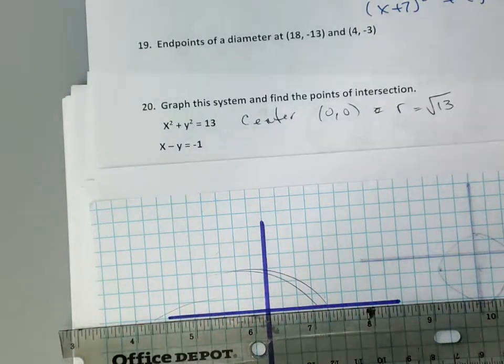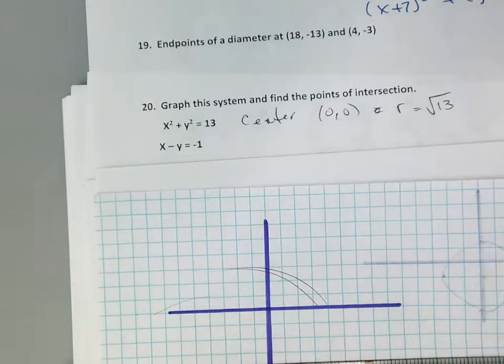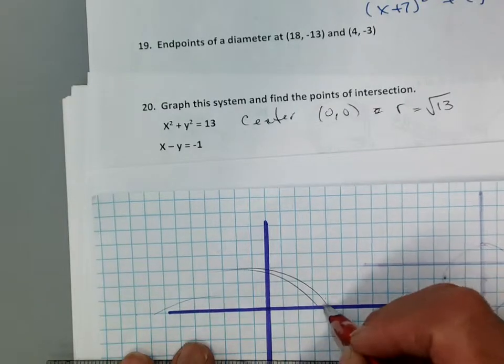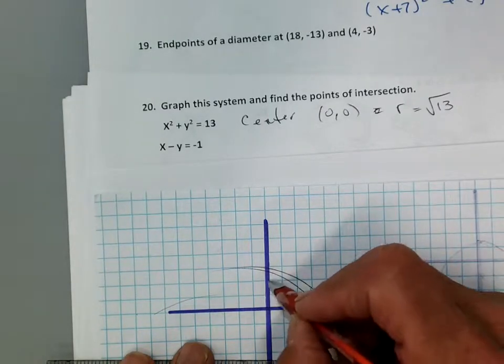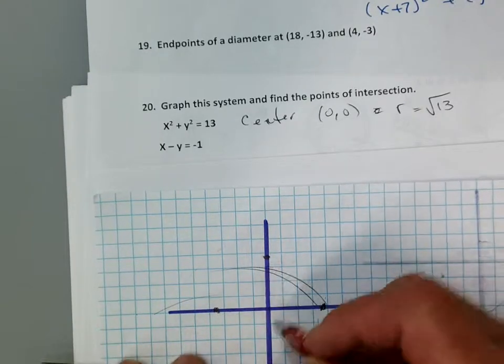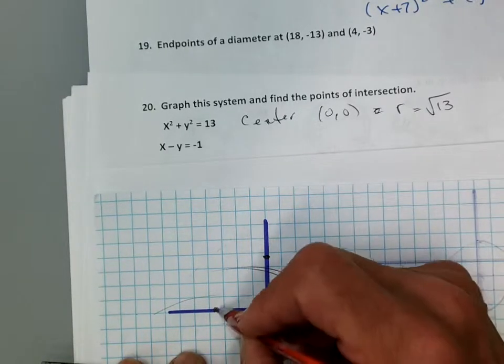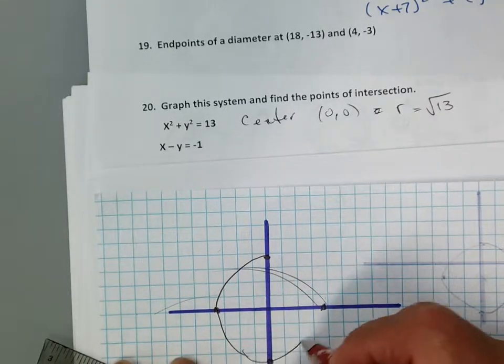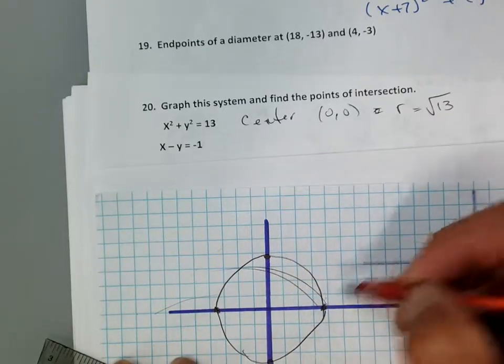Zero, zero. The radius is the square root of 13, which is about 3.6. So it looks something like this, okay? How's that look?